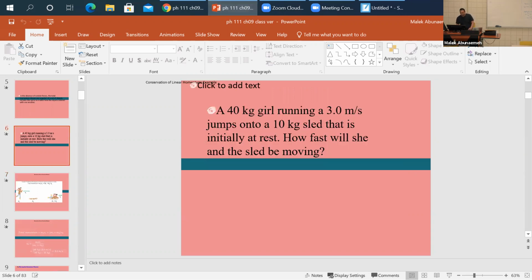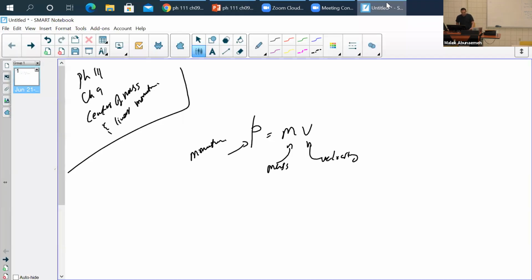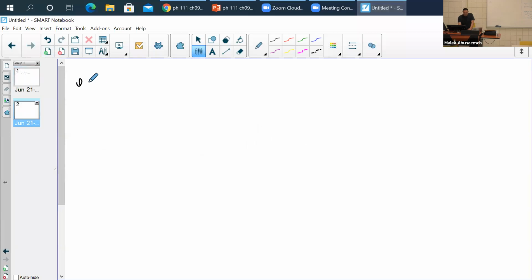Let me go right ahead with our first example. The mass of the girl was 40 kilograms and she was running at 3 meters per second and jumps into a sled.